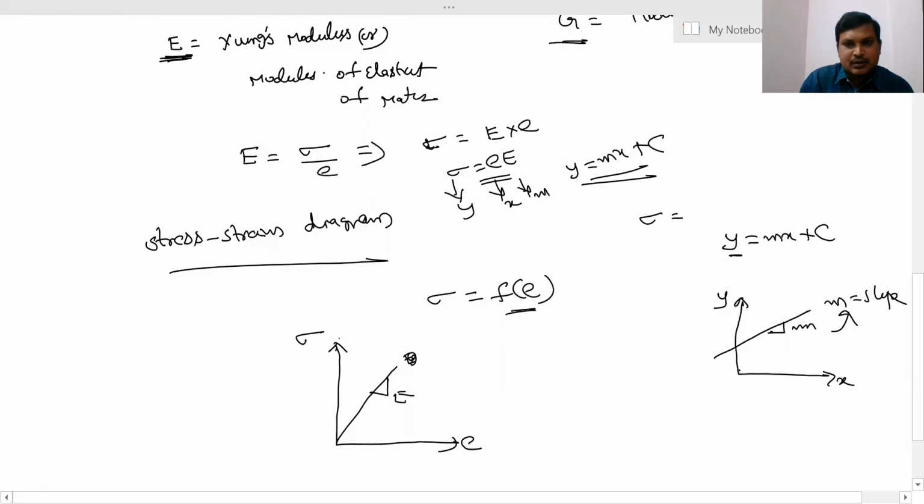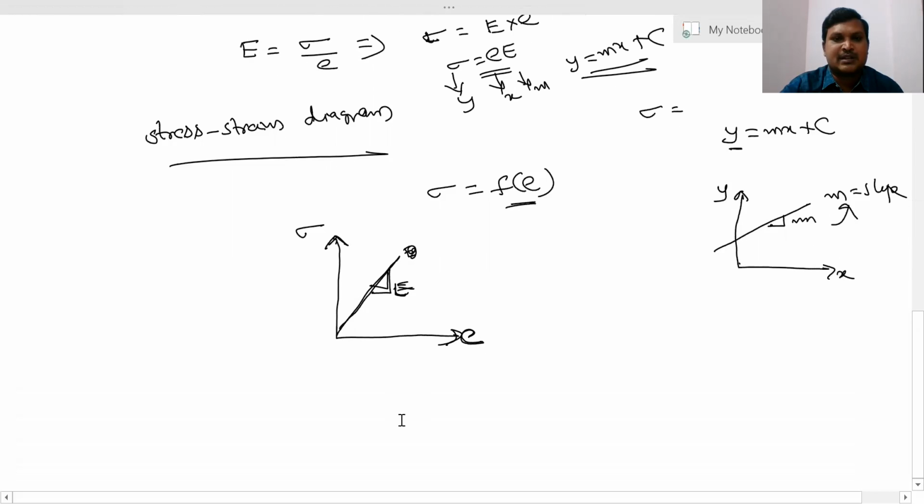That's why the strain is represented on the x-axis and the stress on the y-axis. This is called the slope of this material. This is a basic representation of the stress strain diagram for any material. Is it clear?